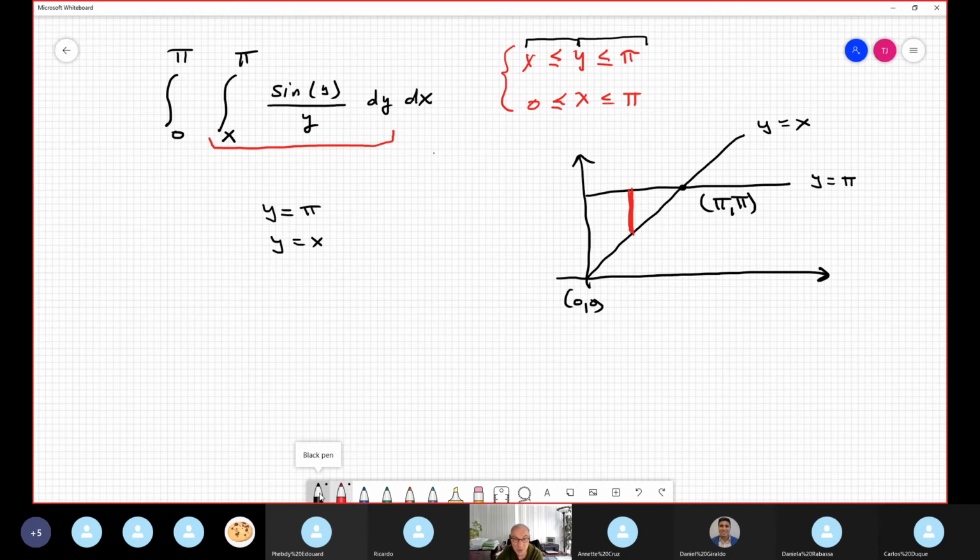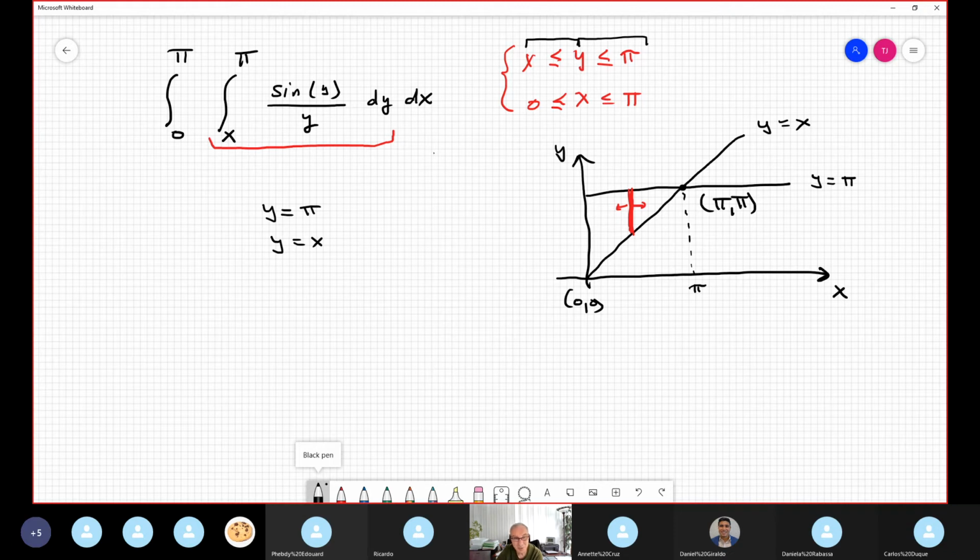Okay, y varies from x to pi, and x extends from 0 to pi. Remember this is pi. This is the order of the integration that the student set up for this integral.